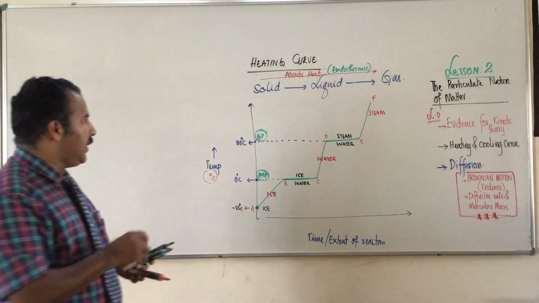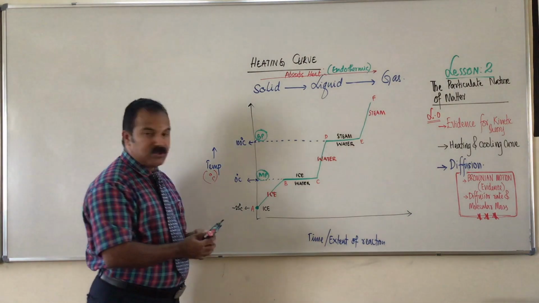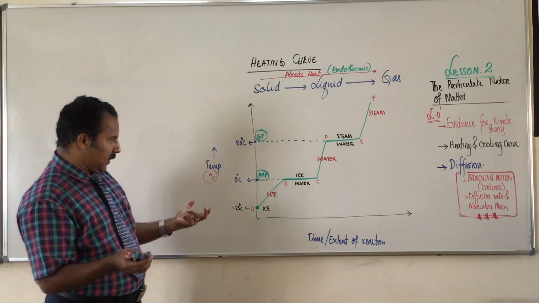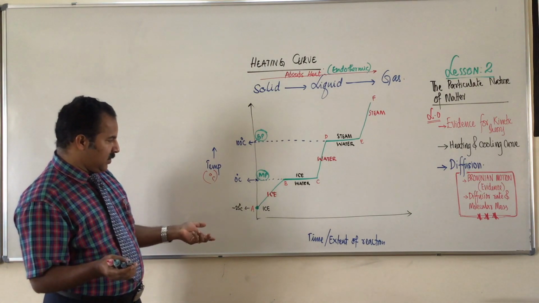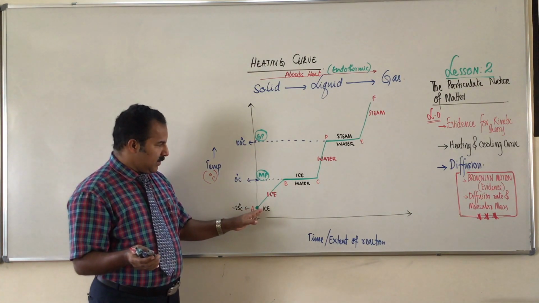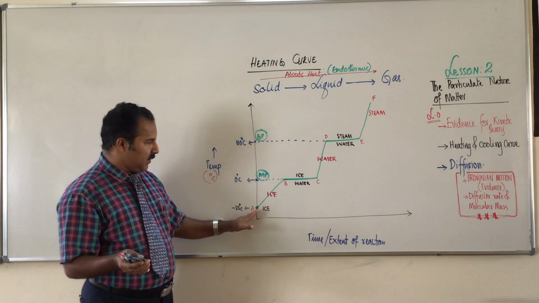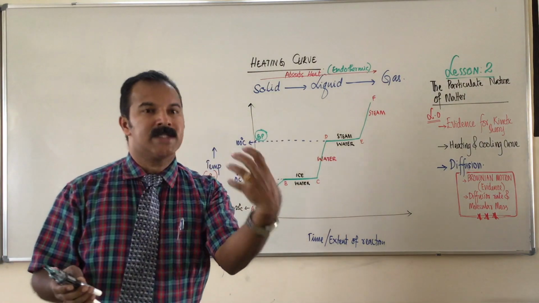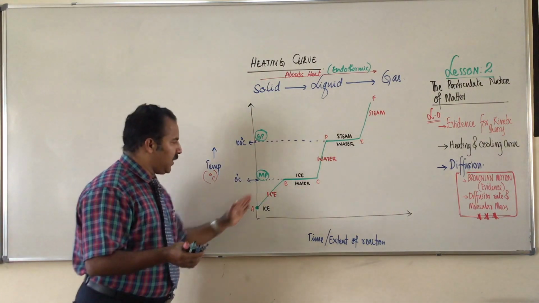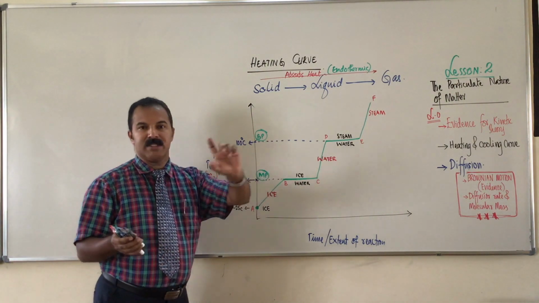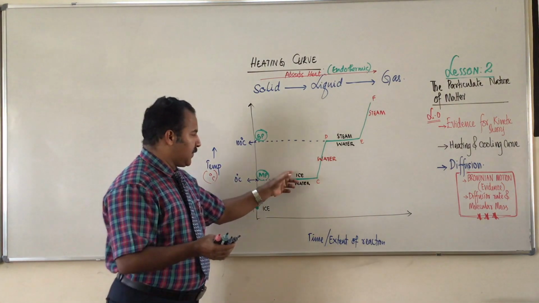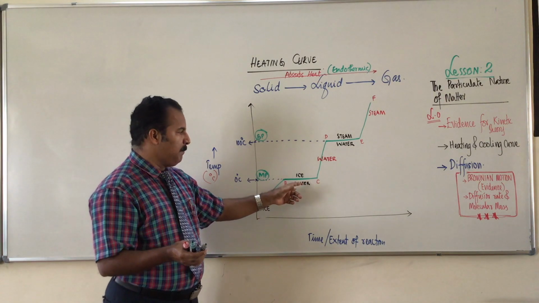This shows a heating curve, and you should be able to explain so many features they can ask to explain in the examination. So, the ice you start with, or a solid you start with, keeps on increasing its temperature as you give the heat in. And finally, once it reaches its melting point, it melts into its liquid. Then there is a coexistence of both in equilibrium.